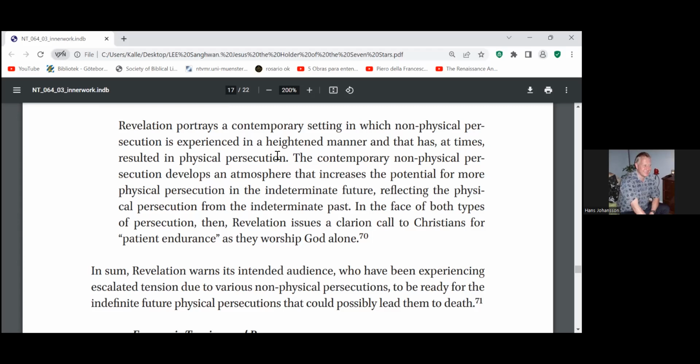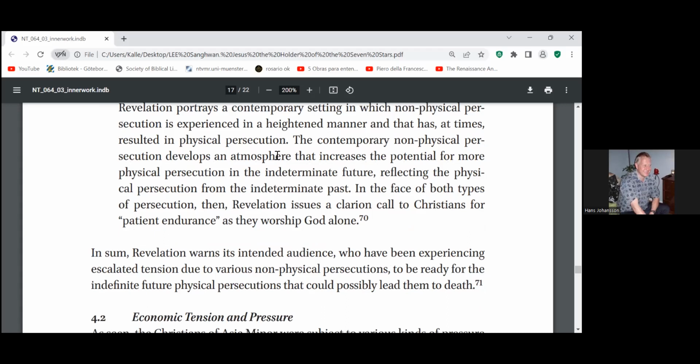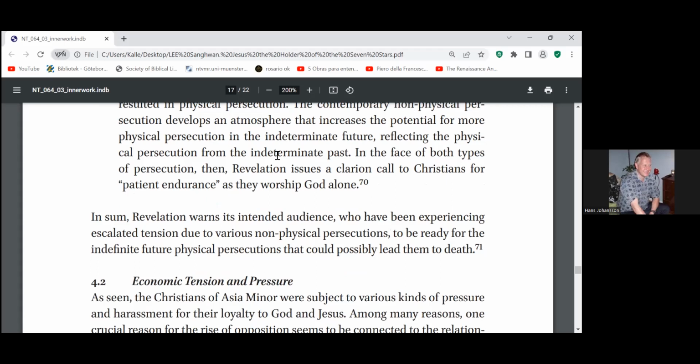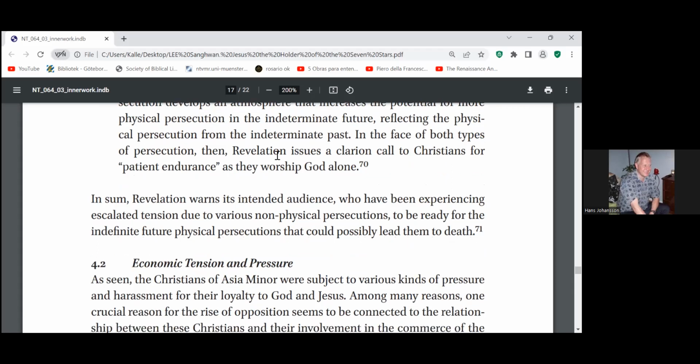And that has at times resulted in physical persecution. The contemporary non-physical persecution develops an atmosphere that increases the potential for more physical persecution in the indeterminate future, reflecting the physical persecution from the indeterminate past.